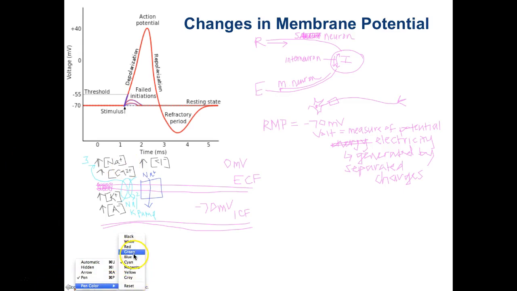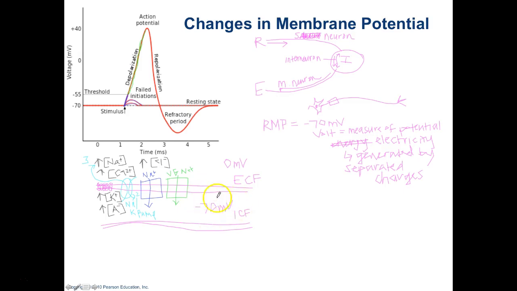So what happens when we hit that threshold? After we've had some sodium flood in, now we have this positive feedback loop happening of voltage gated sodium channels all opening up. Our neuron plasma membrane has a ton of these voltage gated sodium channels, and they cause a huge rush of sodium into our cell.